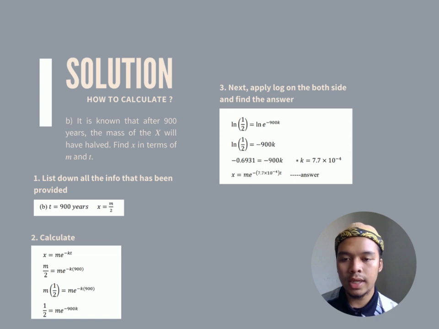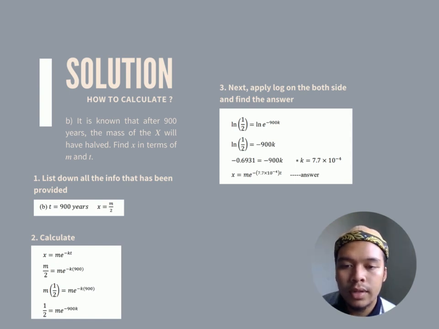Second step, we calculate. We use the equation X equal to M e to the power of negative KT. Next, we include the value of X and the value of T, so the equation will be M over 2 equal to M e to the power of negative K times 900.